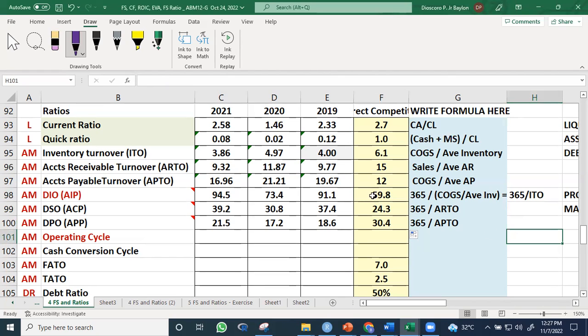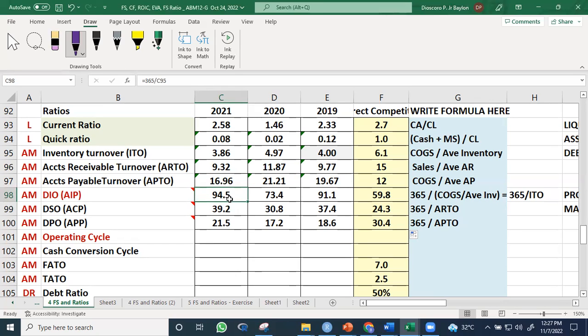Okay, anong ibig sabihin ng 60? 60 days to. 60 days for the company to buy raw materials, convert to finished goods, and then sell. Okay, 60 days lang, kompleto na yun. Samantalang si 94.5 days, mas malaki. Mas malaki yung DIO ng company natin.